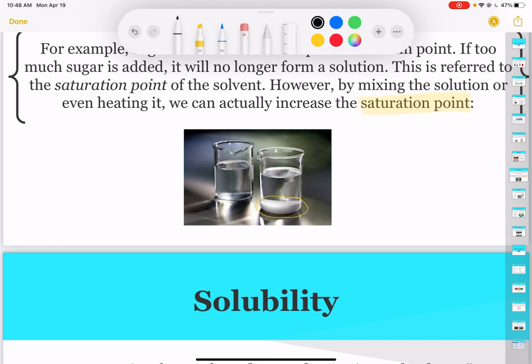Saturation basically means that it's full. So when you're saturated, you're full. You can't add any more. And that saturation point is the point where we can't add any more sugar for it to be dissolved.